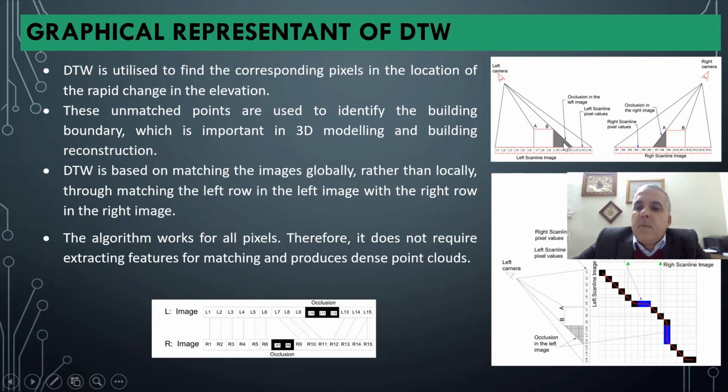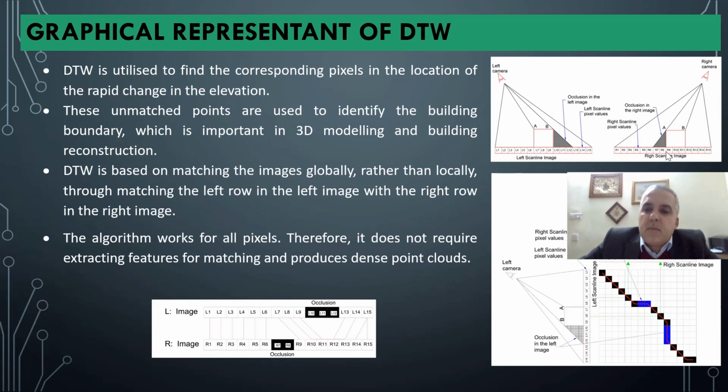This means we cannot find, for example, a correspondence on the right image for the point of the L circles. This is very useful in building boundary extraction because it tells us which part of the building is occluded.